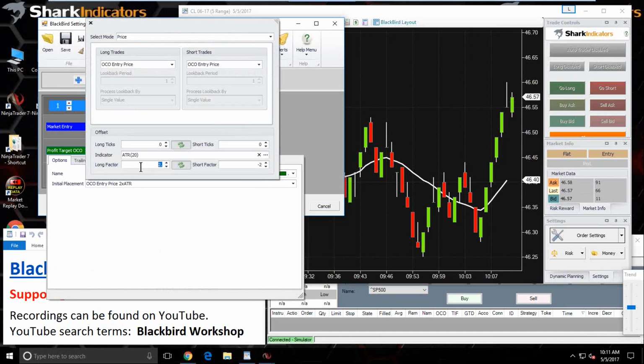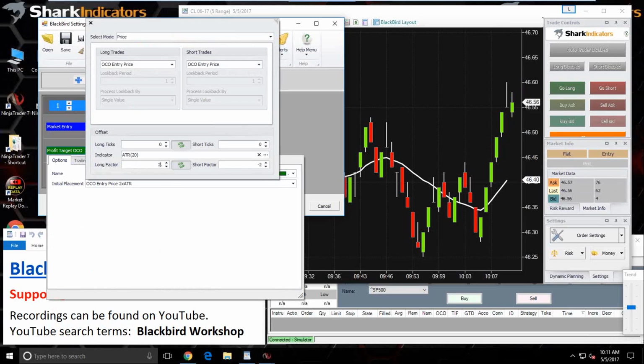Again, using the ATR, we can just put a long factor of 2 in there. Or if you wanted it to be 3x, then you could just increase that number to whatever you want it to be. Instead of 2x, you could put in 2.5x, 2.75x, whatever you want there.